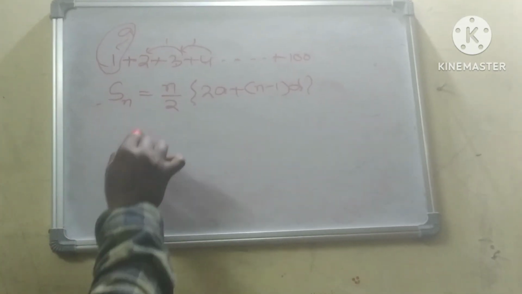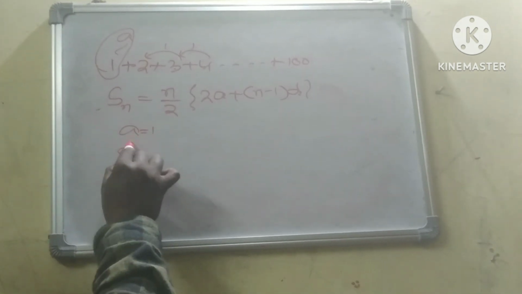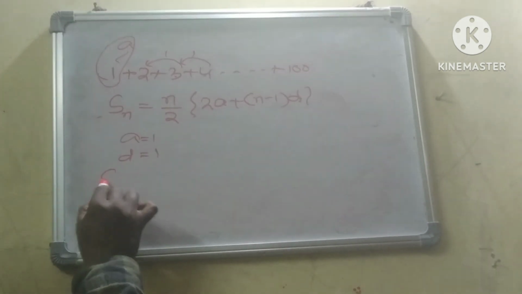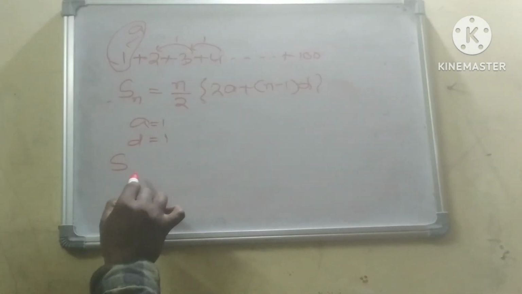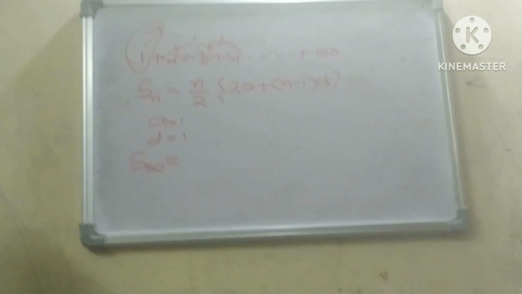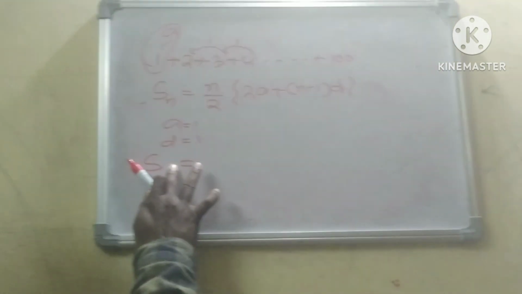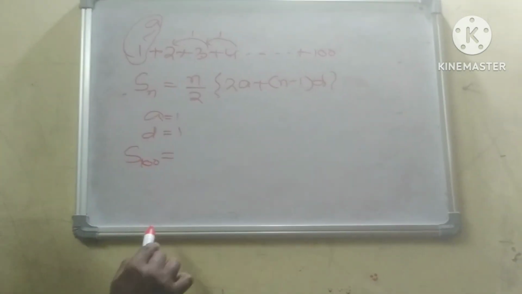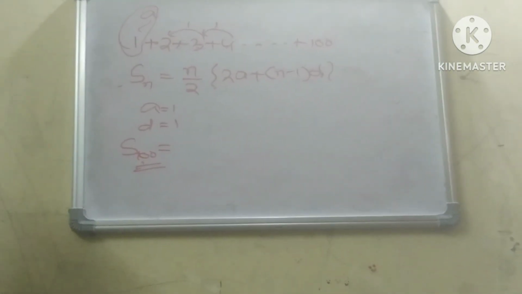So a is 1, d is 1. We have to find S_100, 100 terms. In place of n, we write 100.